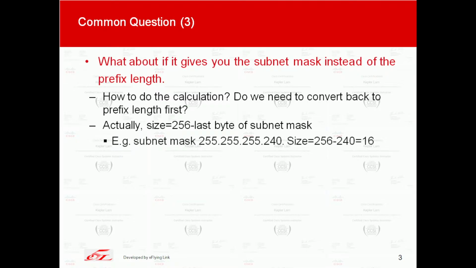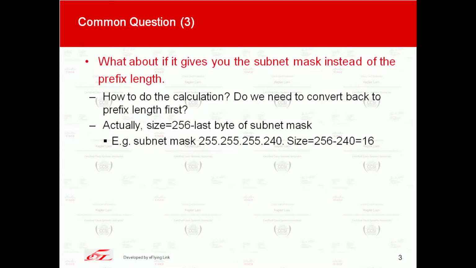For example, the subnet mask 255.255.255.240. Then the size is you subtract 240 from 256. That is 16. So once you get the size, I already told you that you can do all the subsequent calculations.